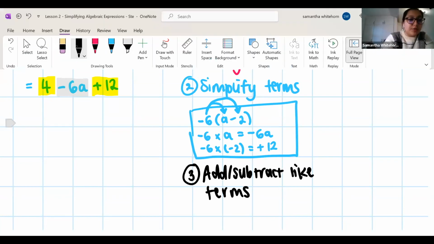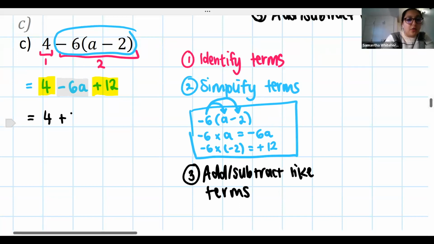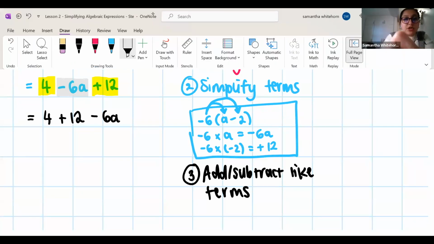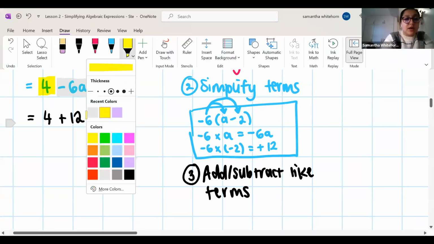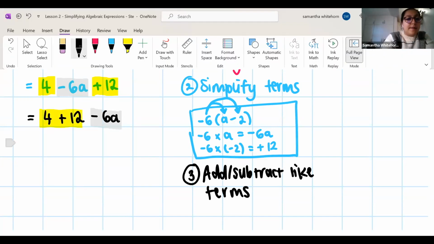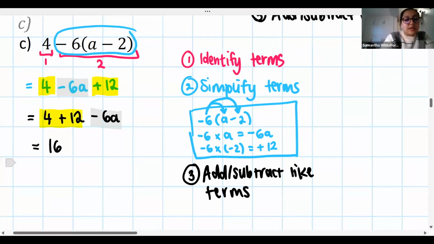If you want to group them together, that's fine. So 4 plus 12, and then the negative 6a. I've still got my like terms, right? I've just reordered my expression to help me simplify. We know that 4 plus 12 is 16, and we've got the negative 6a. These are not like terms. I can't do anything more with that. I'm done.